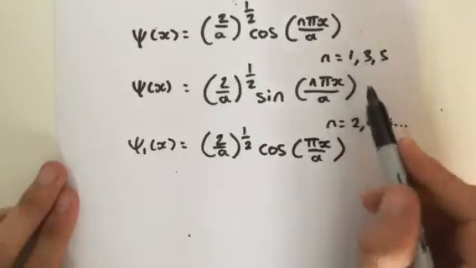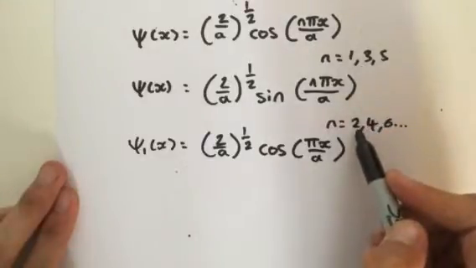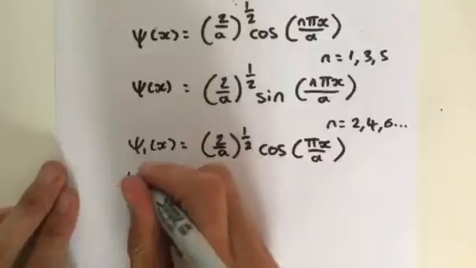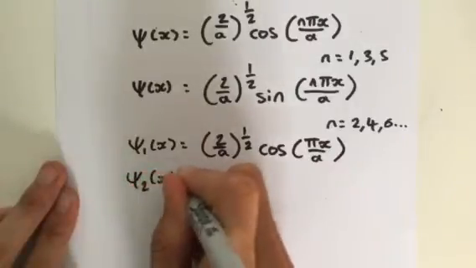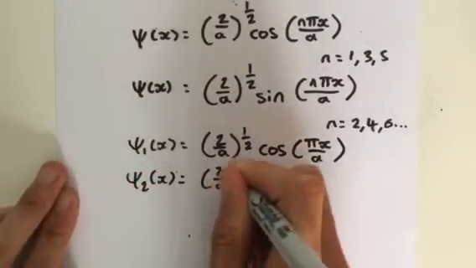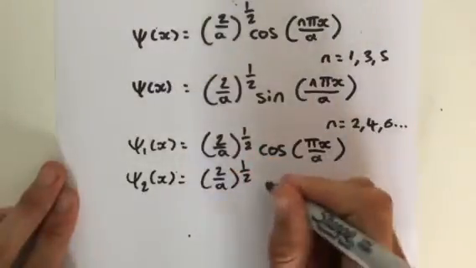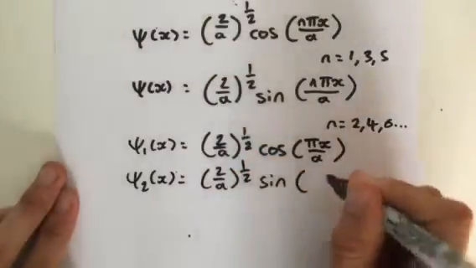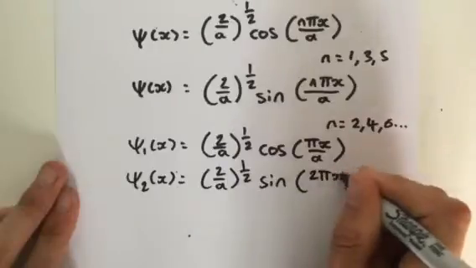Now when n is equal to 2, we're looking at the sine. Psi 2 of x is the sine of 2 pi x over a.